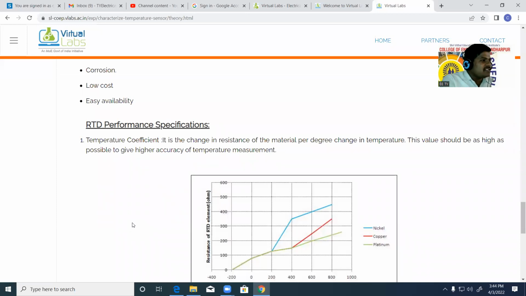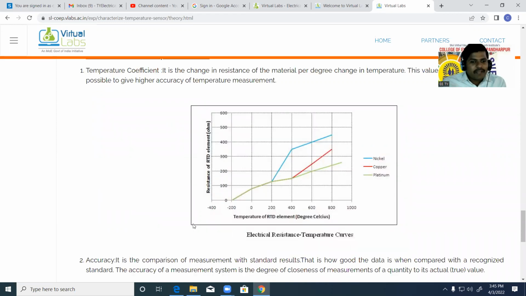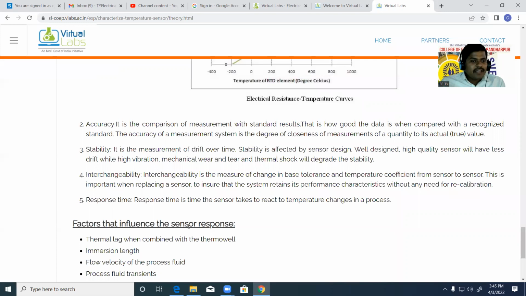This value should be as high as possible to give higher accuracy of temperature measurement. Second one, accuracy, is the comparison of measurement. What is accuracy?